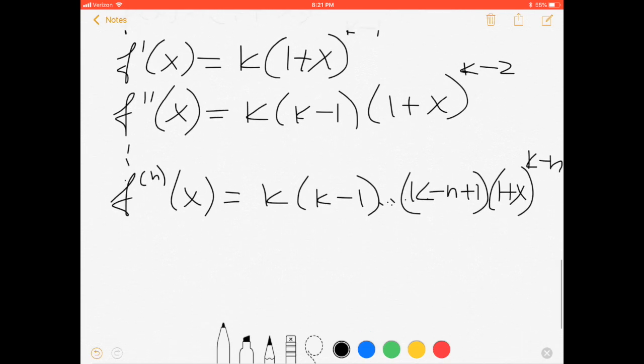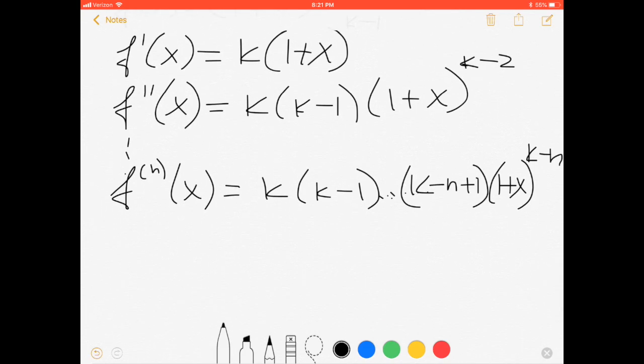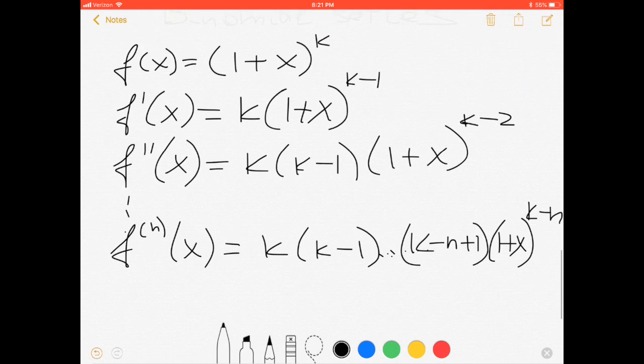Using this fact, we try to build our polynomial. It will be a Maclaurin polynomial, because if you plug in x equals 0 here, you have, because we don't have space here.